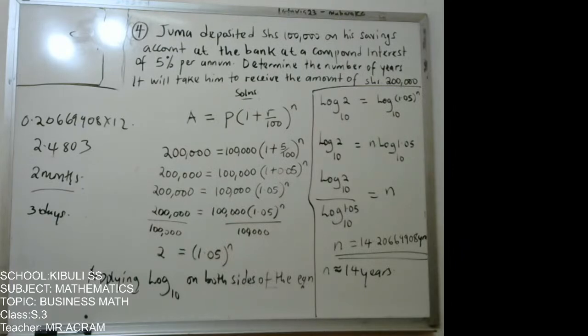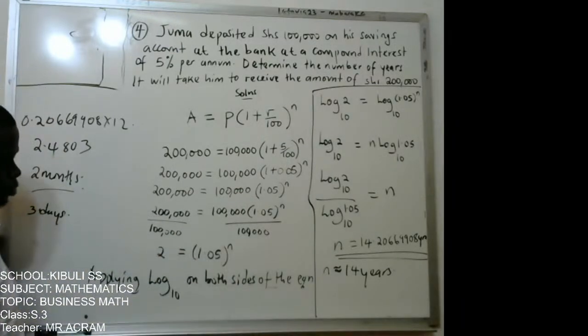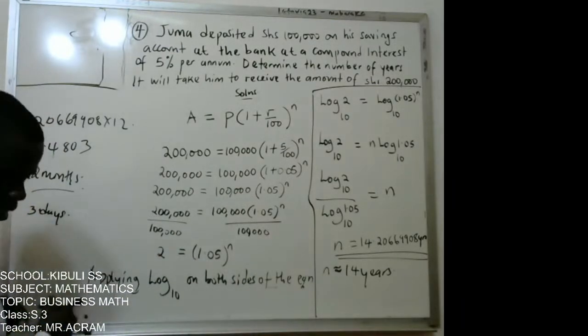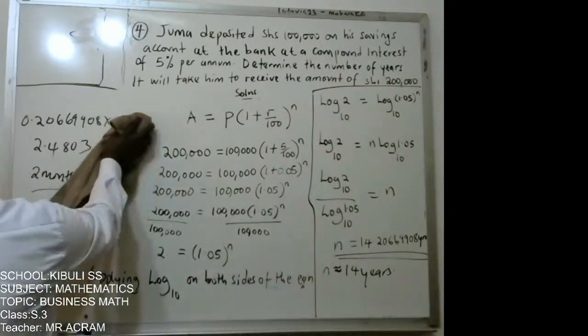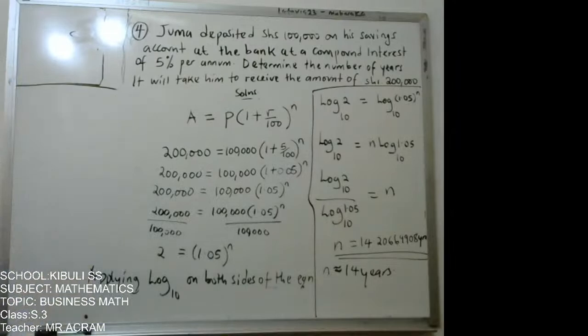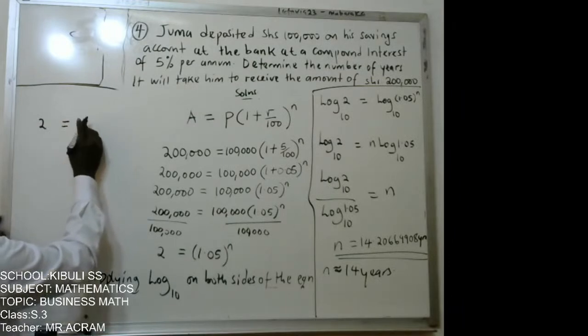Now, let me repeat the log step. When you look at this, we wanted to find n, and n is the power. So you apply log base 10 on both sides. The question was like this.